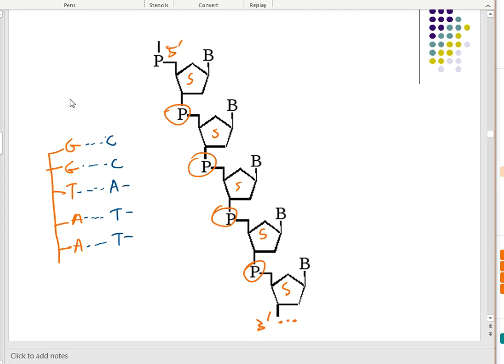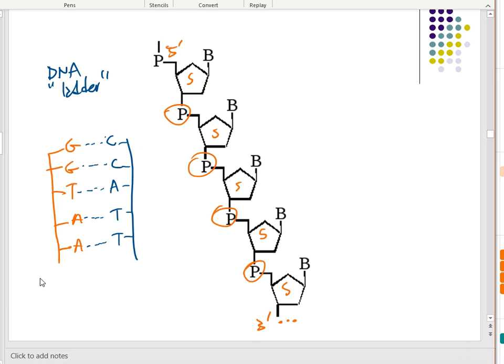And you know what? Those bases are just not free. They're just not swimming around. They're actually also going to be connected by another sugar backbone strand. And this is where we have our normal, what we would like to call our DNA ladder, but you got to be careful because DNA ladder also means something else in the laboratory.